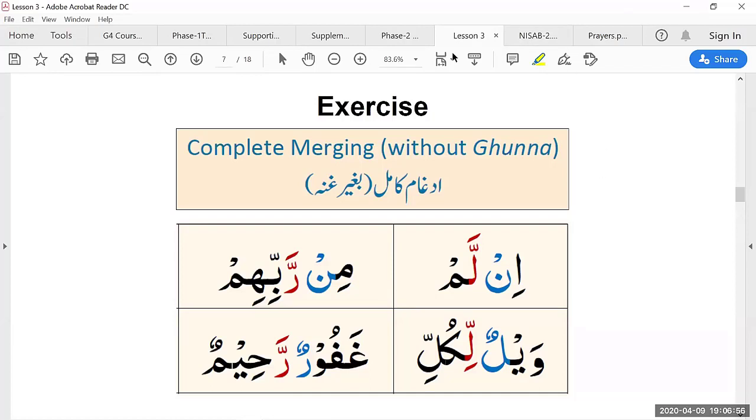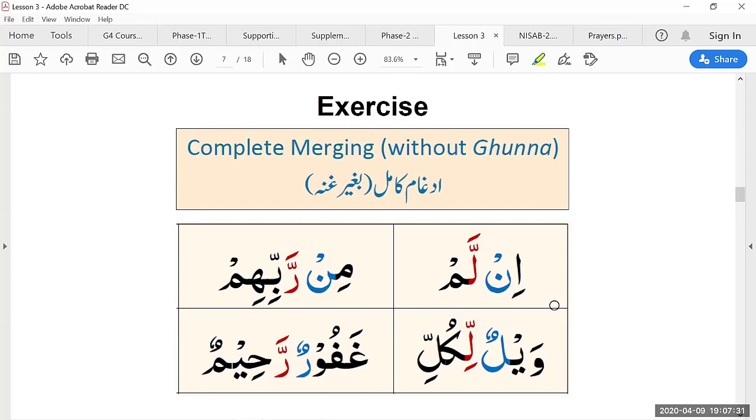L309. Walaikum assalam wa rahmatullah. I would like to request you to please go through these words and apply the rule which we have just learned.